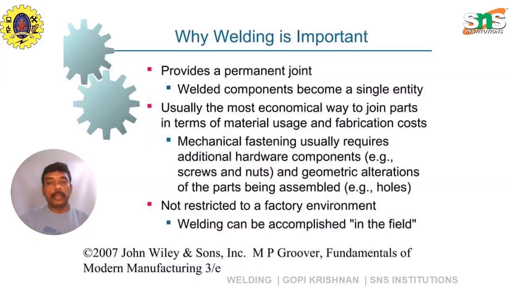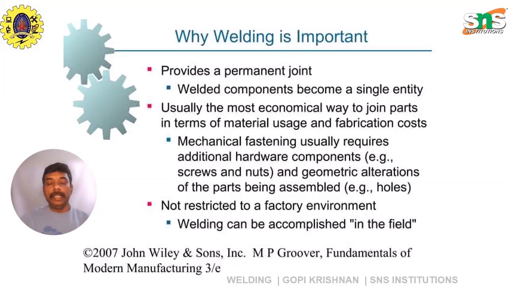Mechanical fastening is an assembly process which requires additional hardware components, for example bolts, screws, nuts, and geometric alterations of the parts being assembled, for example holes or drills over the components, whereas the welding process does not require any additional hardware components or additional geometric alterations of the parts being joined.